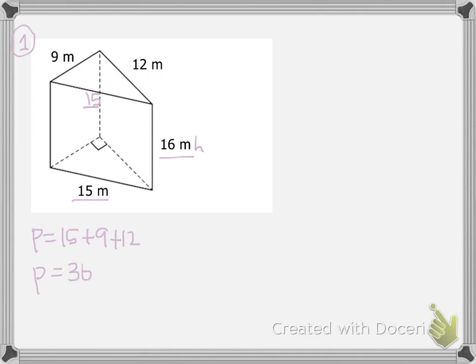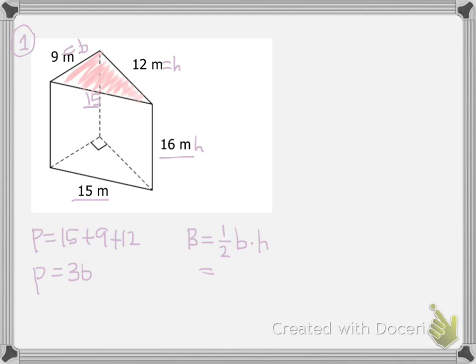Then I have to find the area of that base. So that's a triangle. The area of the base is going to be 1/2 base times the height. My base for this part is going to be 9, and my height of that triangle of the base is going to be 12.